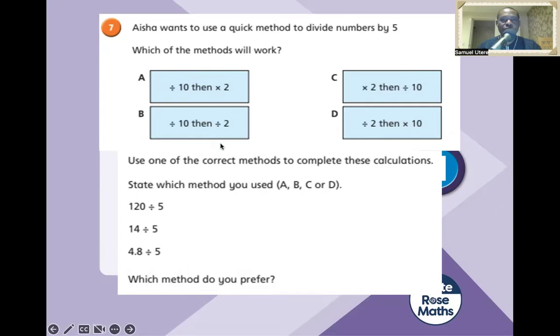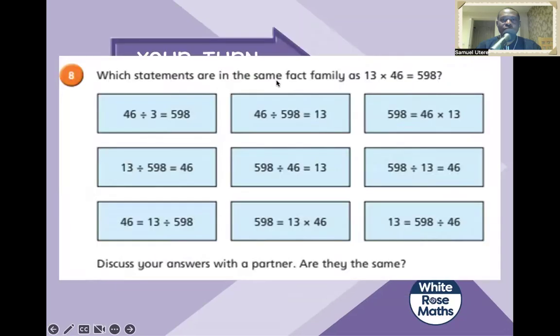So looking at which methods would work, to divide numbers by 5, you can divide by 10, then multiply by 2. Do you think that will work? Let's see.